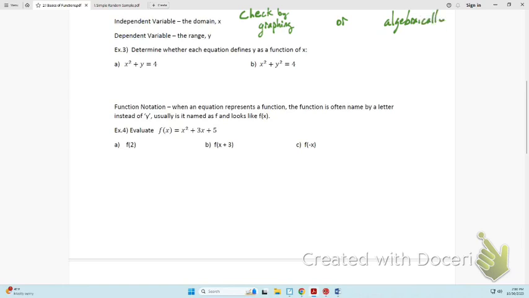Algebraically is a little bit confusing. Set equal to y. If more than one answer, then not a function.